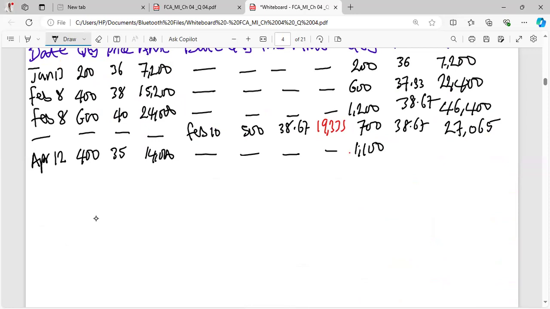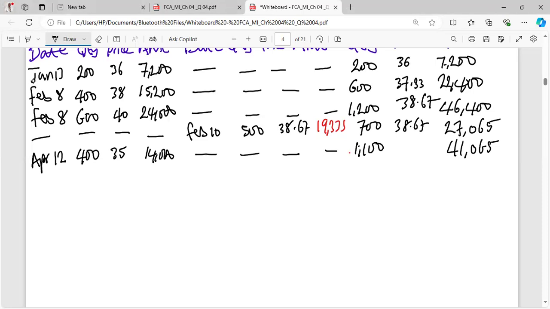When we add 14,000 to the figure we already have, that gives 41,065.